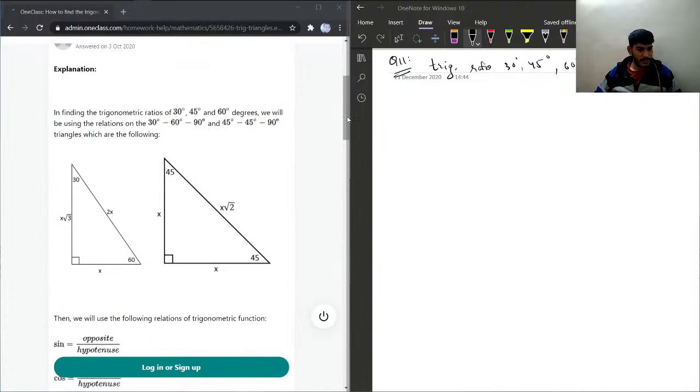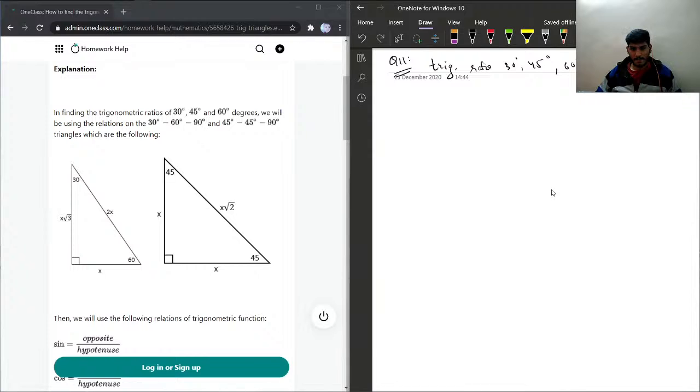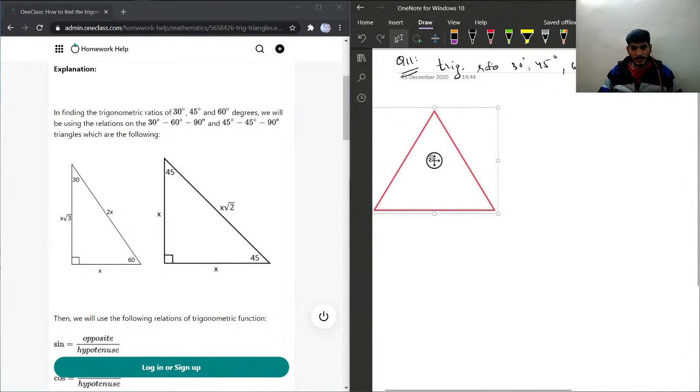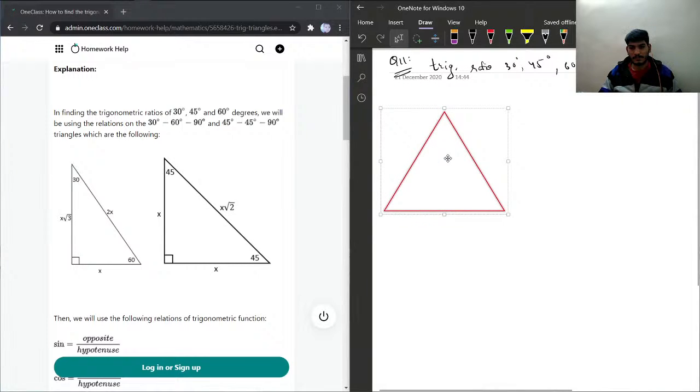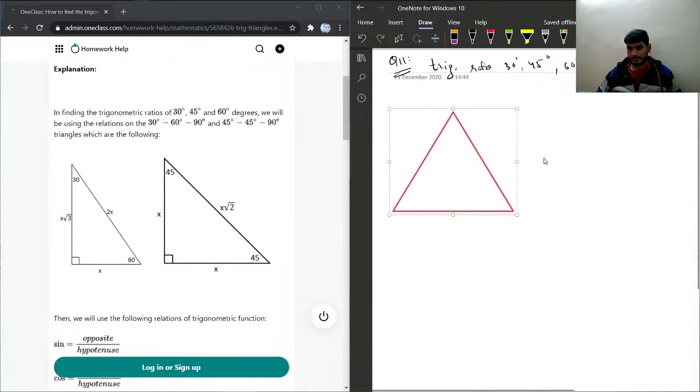So they have taken two triangles. Okay, so we'll just follow this one. So I'll just draw two triangles. This looks better. And I'll draw one more. So this will be kind of isosceles.